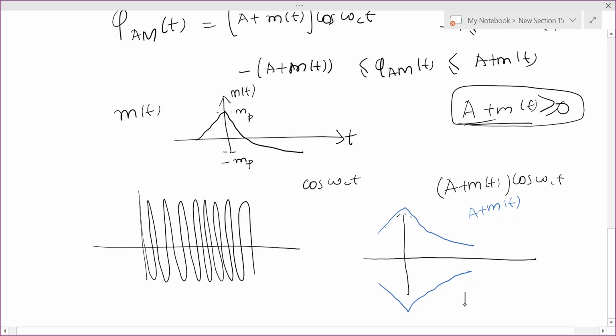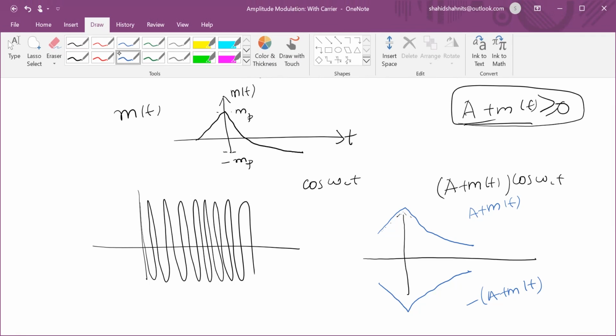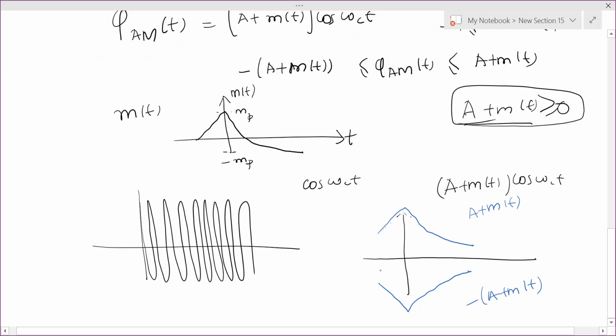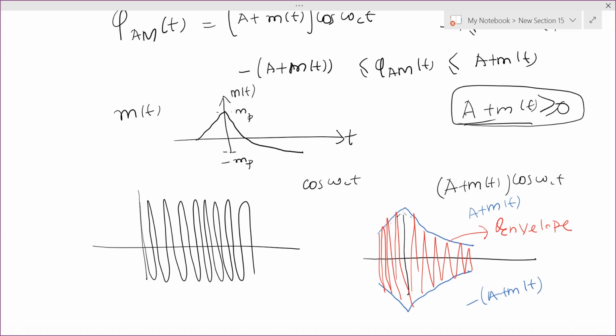This is minus of A plus m of t, because cosine will vary in between these two values only, and in between is the cosine. Okay, this is how it will look like, and we call this the envelope. It looks as if you are putting an envelope over the cosine signal.